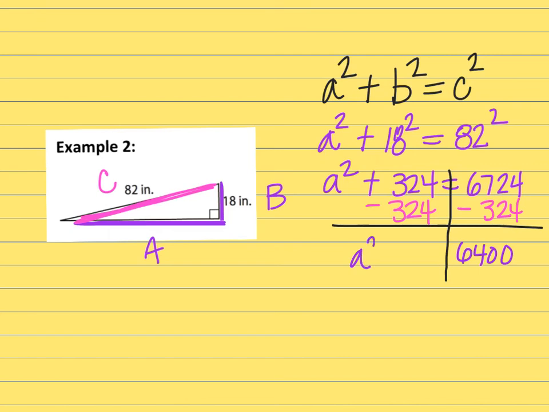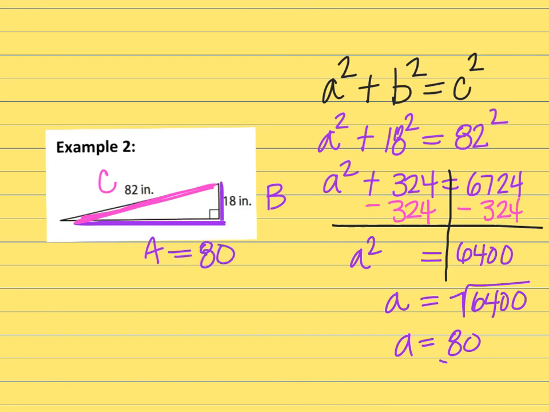And then A squared, the value of the whole square, is 6,400. But if I just want to know how long the line is, I need to do the square root of 6,400, and that equals 80. So the leg of the triangle that was missing is now 80 inches long.